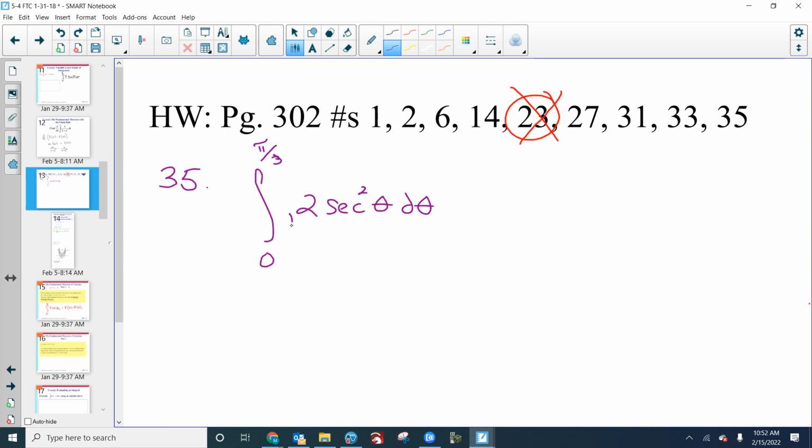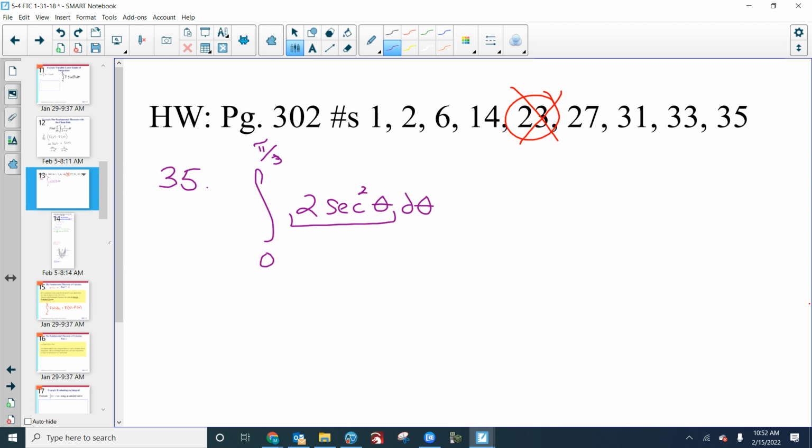All right. Here's the game that has to be played this whole chapter and for the rest of the year. Do I know where that derivative came from? In other words, do I know the antiderivative? Well, the 2 doesn't bother me because of the constant multiple rule. Constants go along for the ride with derivatives, meaning they're going to go along for the ride back for antiderivatives as well. Whose derivative is secant squared x?